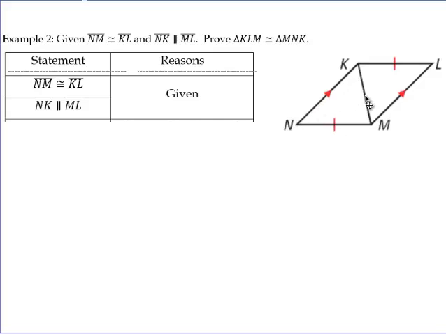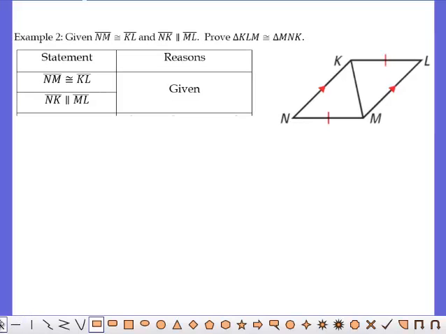So with these parallel lines here, we will be able to show that one of these sets of angles is congruent. Think back to Chapter 3. In Chapter 3, we talked a lot about parallel lines cut by a transversal. So let's say this line represents the line that contains NK, and this line represents the line that contains ML.